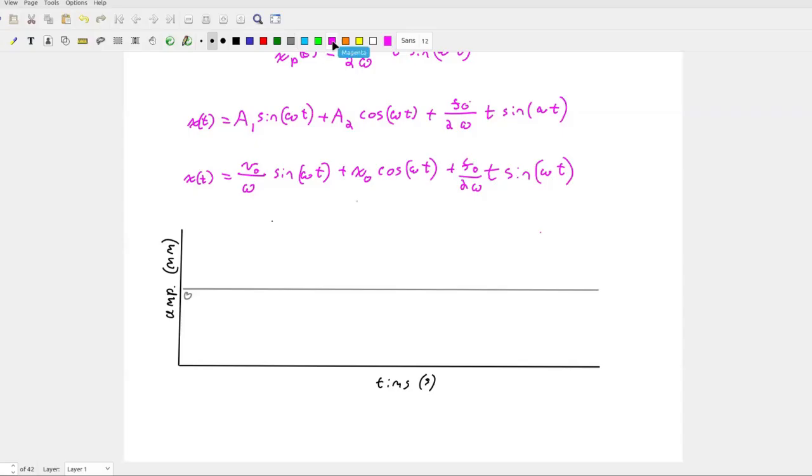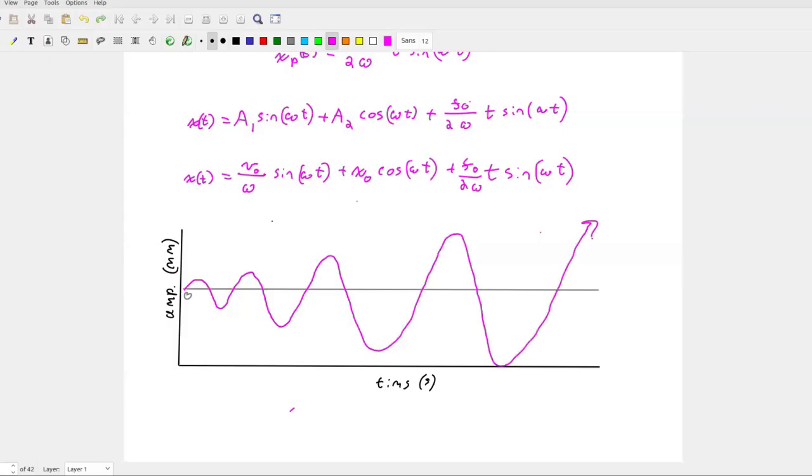And I might have something that looks a bit like this. That doesn't look so detrimental. Let's try that again. Let's try a faster frequency system. There we go. That looks more devastating, right? It's going to keep growing and growing and growing.